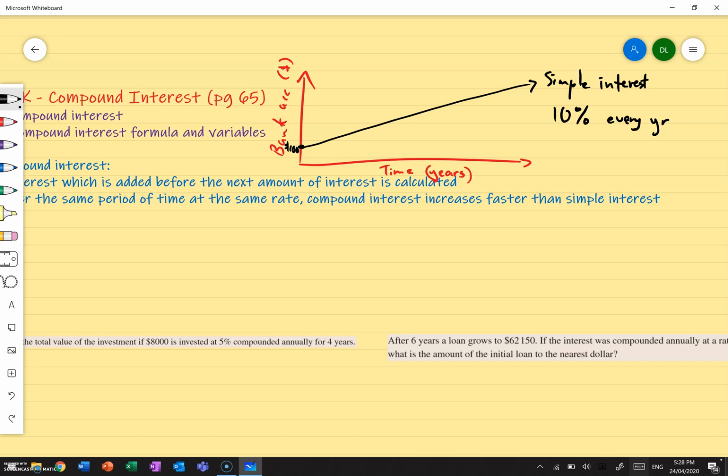So let's use green for our compound interest. Now, it's still going to be the same rate, 10% every year, but it's increasing more and more, depending on how much money you have in your account. So instead of being a straight line like our simple interest was, it's going to curve like this.